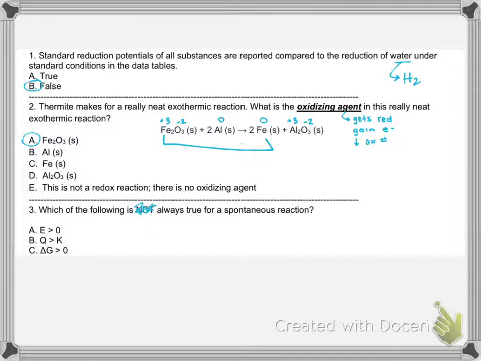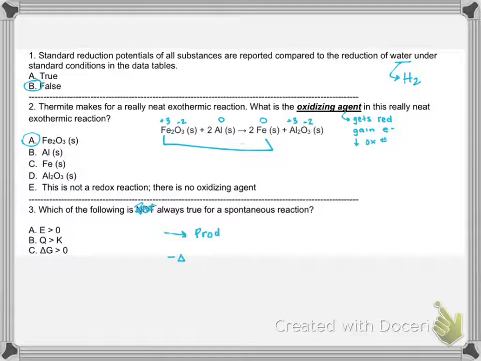Okay, for number 3, I think there is an error in the question, but it asks us which of the following is, and so I'm going to address it as if the "not" is not there. So which of the following is always true for a spontaneous reaction? And so we know that that's something that's going to go forward toward products.